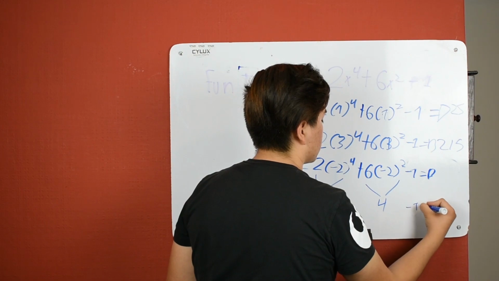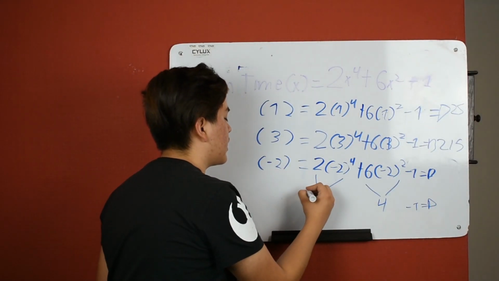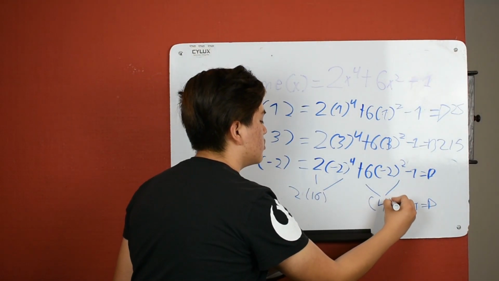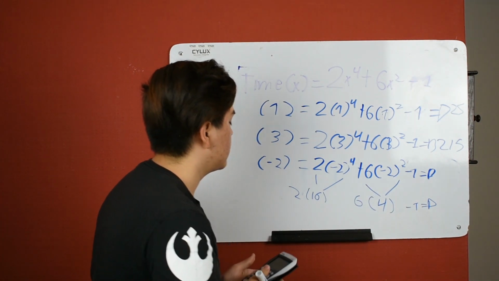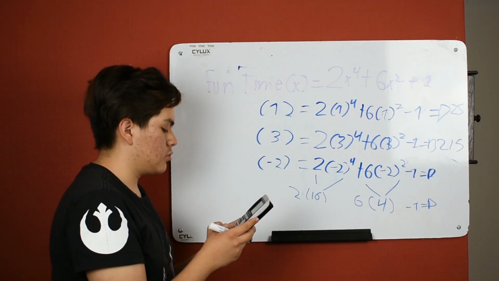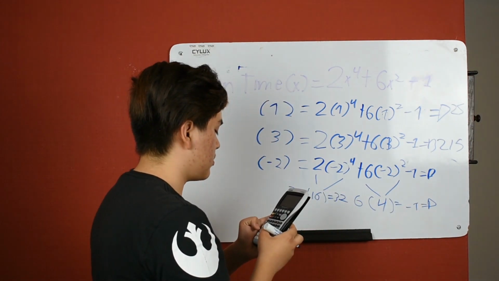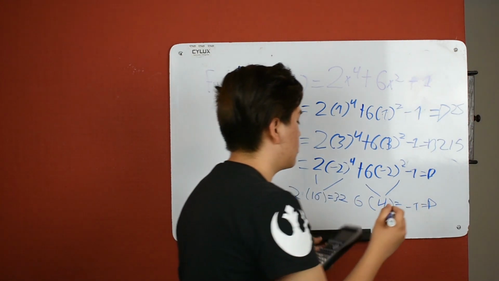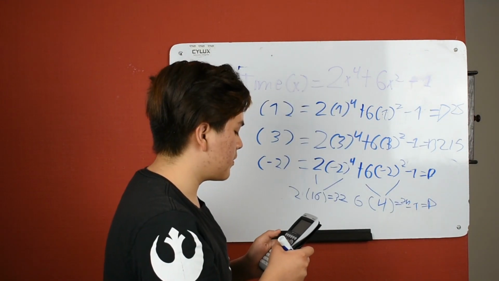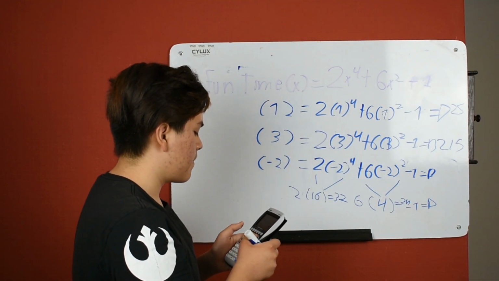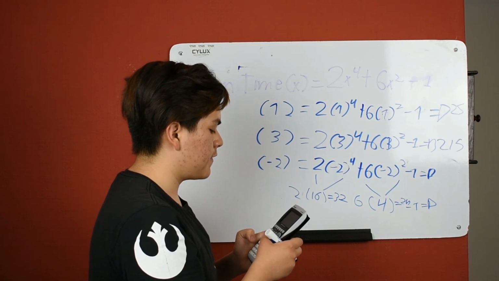We multiply 16 by 2, and 4 multiplies by 6. So 2 times 16 is 32, and 6 multiplies by 4 is 24. Resolve it, we have the result of 55.